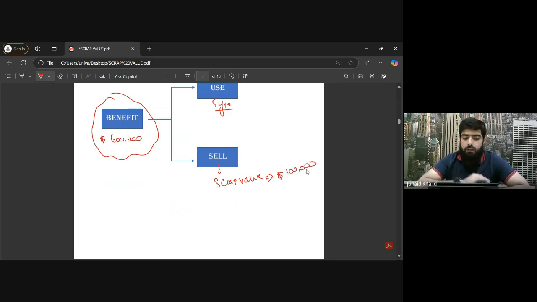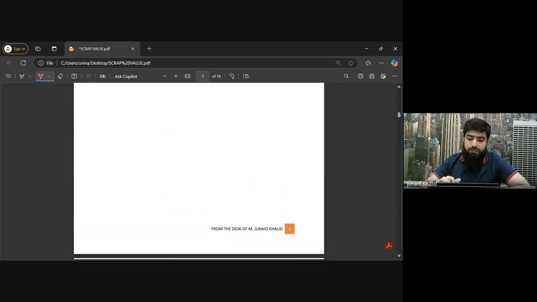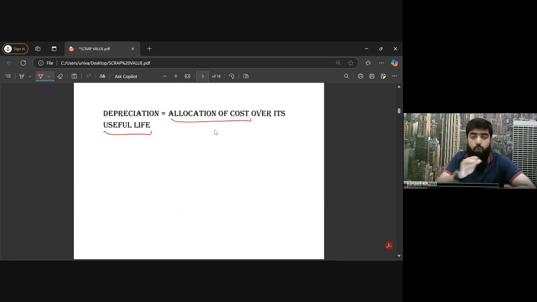Now, what is depreciation? Depreciation is basically an allocation of cost over its useful life. It means allocation of cost. For the benefit you will get by using the asset, you are basically allocating that cost over the period of its useful life.